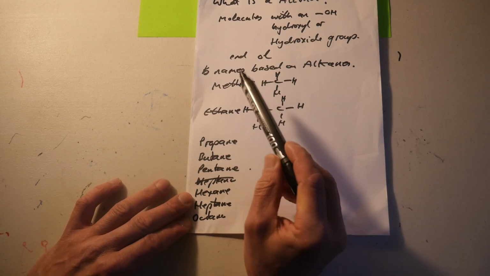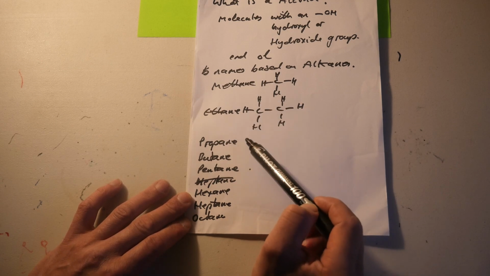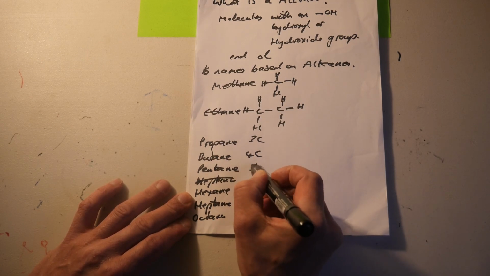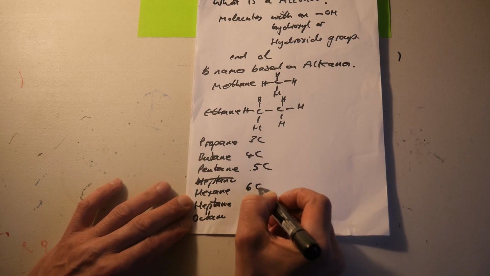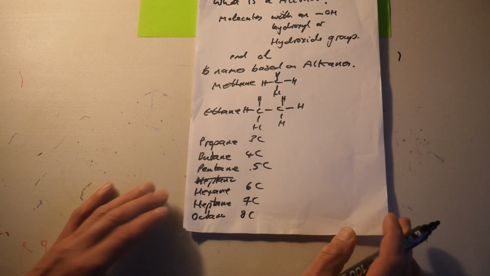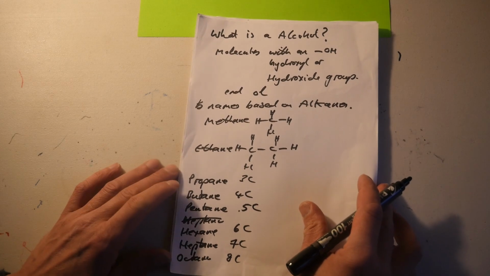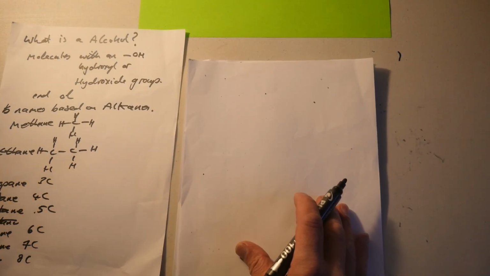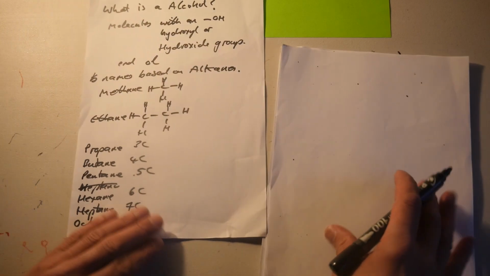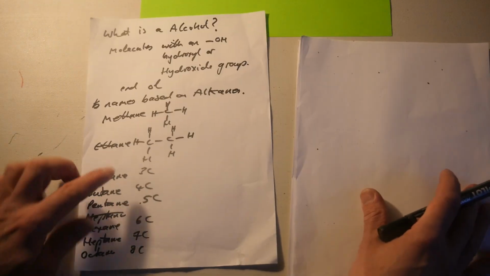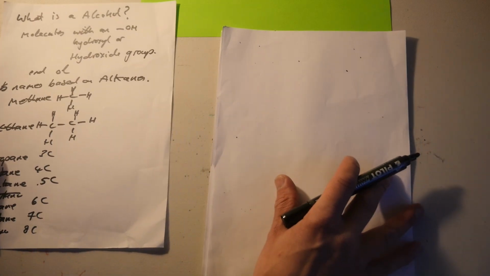So that's 1 carbon, 2 carbons, 3 carbons, 4 carbons, 5 carbons, 6 carbons, 7 carbons, 8 carbons. I've drawn out the first two. I'm not going to bother drawing out the rest because you know them, and I've got other videos showing those.